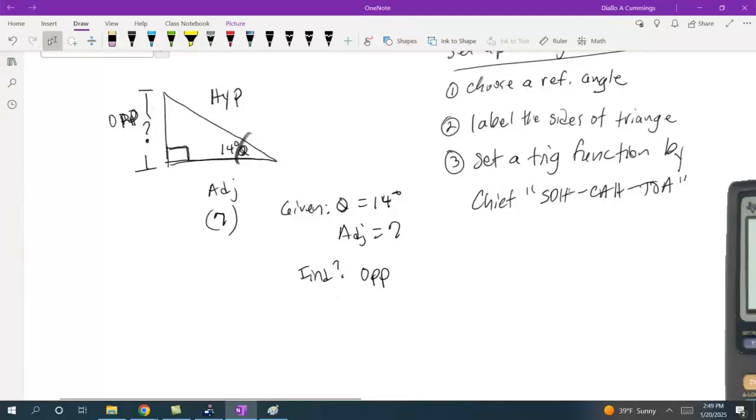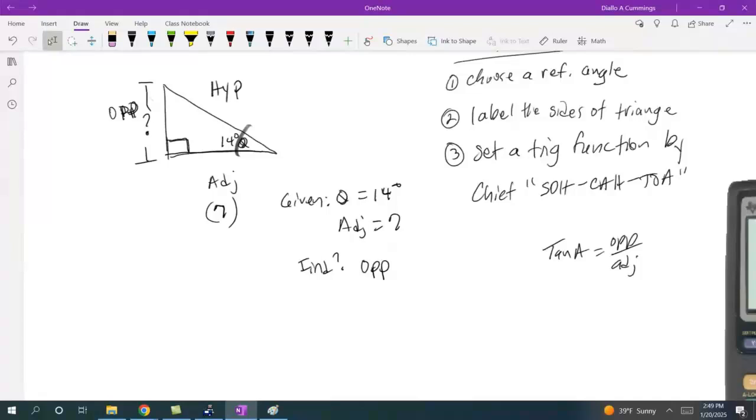So I'm going to use this last part, the tangent of some angle is the opposite over the adjacent. All right. So now in theory, this is how this is going to look. Well, I know what my given angle measure is.